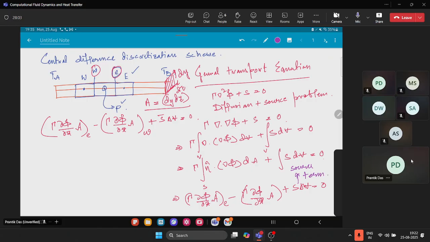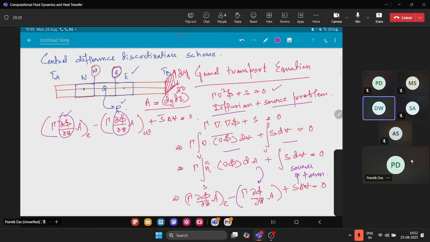So what I did was take the general transport equation for the diffusion plus source term, then use the Gauss divergence theorem and convert that into a simplified equation. After that, we will use a central difference formula to express this gradient as a function of the neighborhood cell centroids.